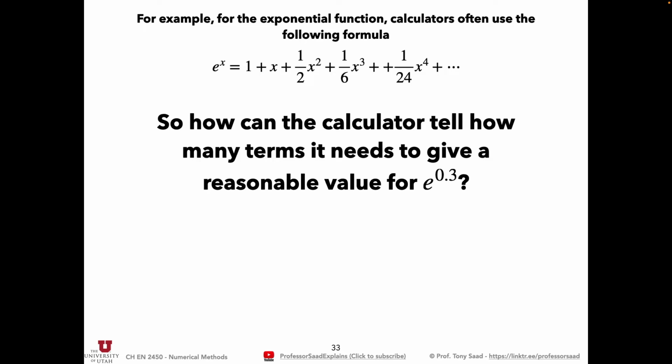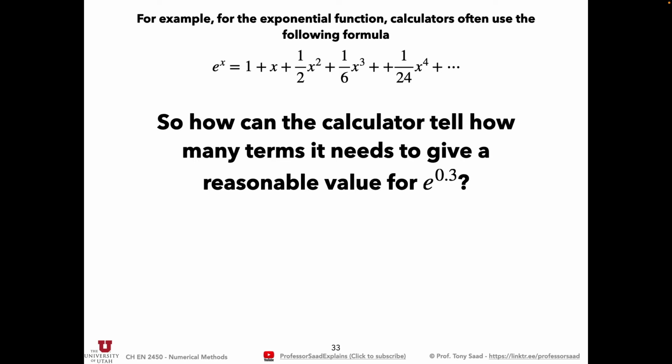Where we left off was asking the question: how does the calculator know how many terms it needs to provide a reasonable value for e to the 0.3 or cosine 7.8 or whatever? There must be some internal mechanism in the calculator that is counting the number of terms and measuring some error, something to say this is good enough.